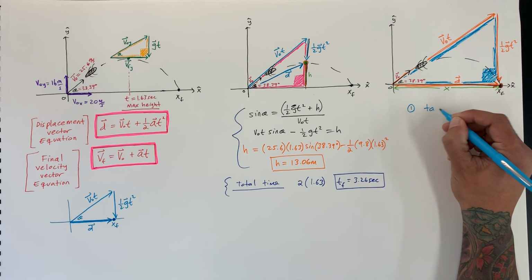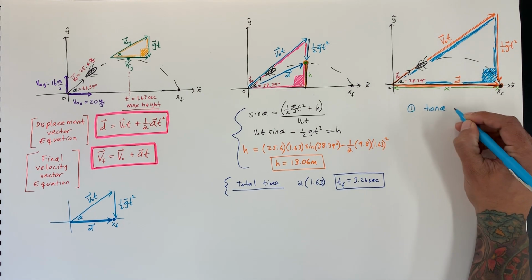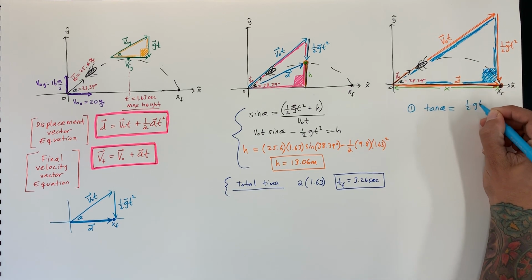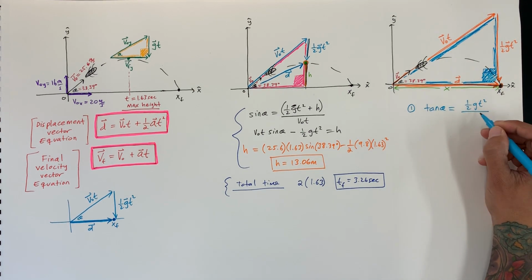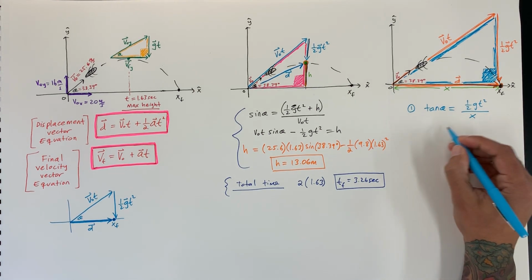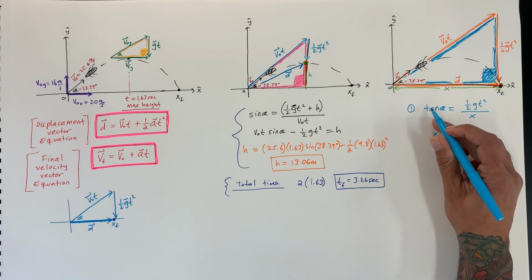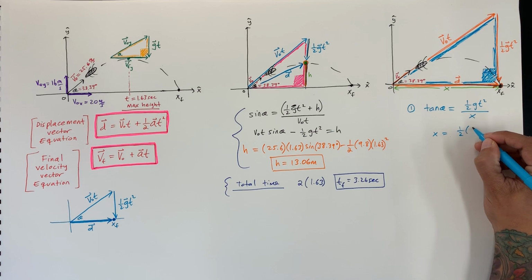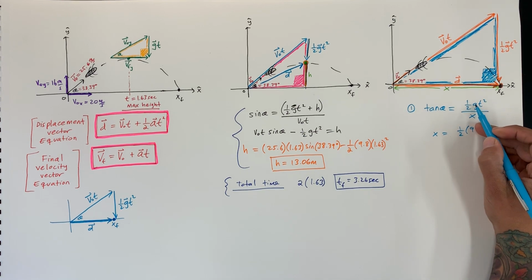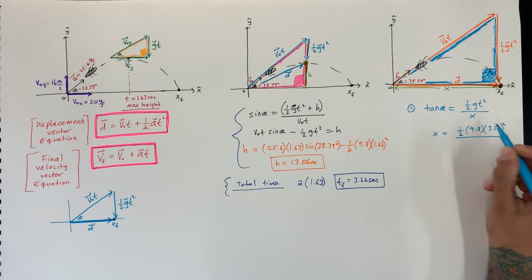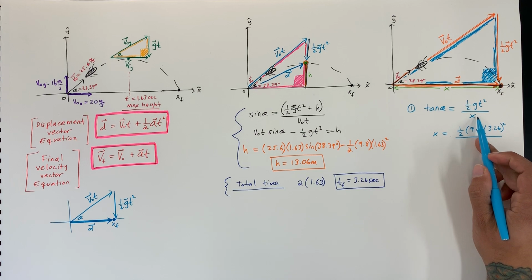I'm going to use tangent theta. Tangent theta is opposite over adjacent. We're interested in x, so let's solve for x. I'm going to put x on this side, the tangent on the bottom. So that's 1/2 times 9.8 times the time final, 3.26 seconds, squared, and we put the tangent down here.